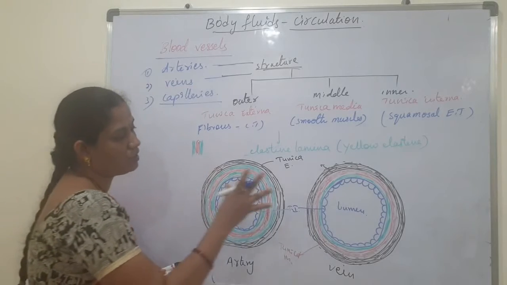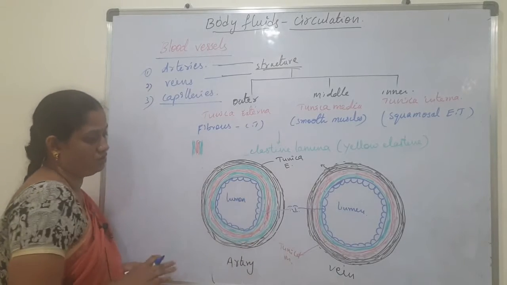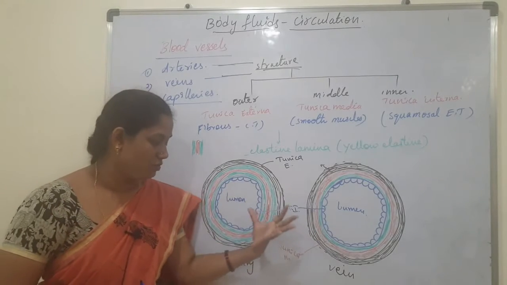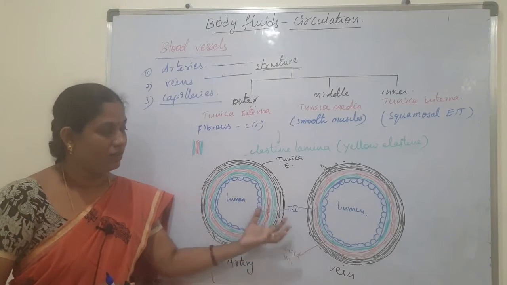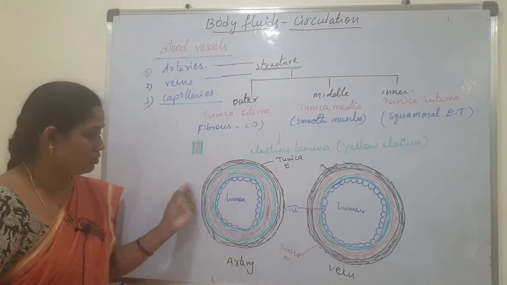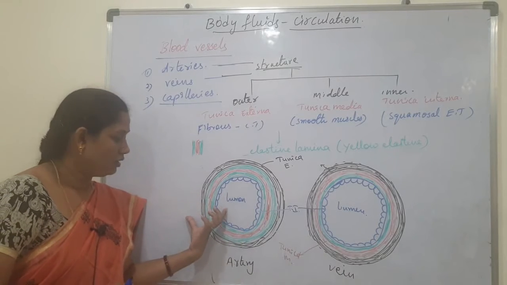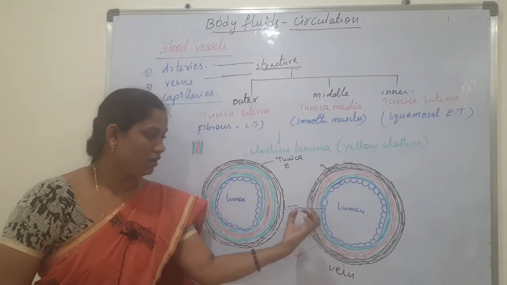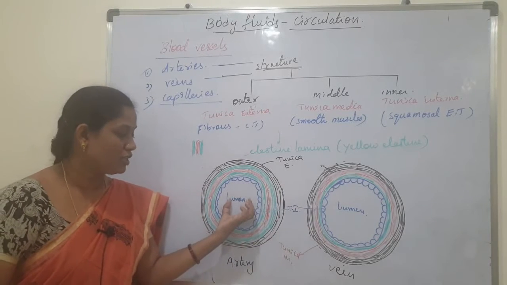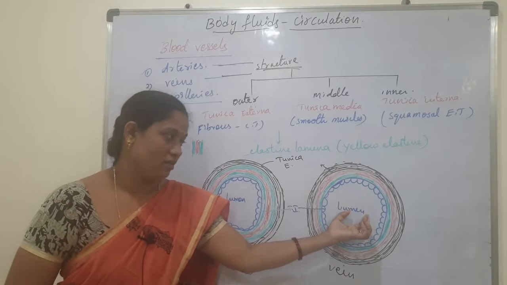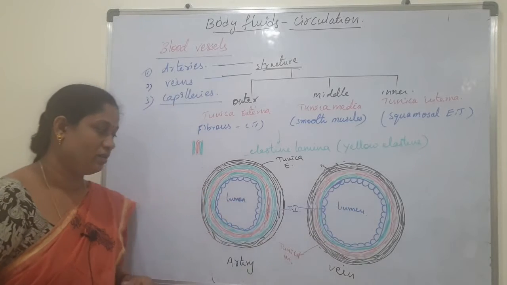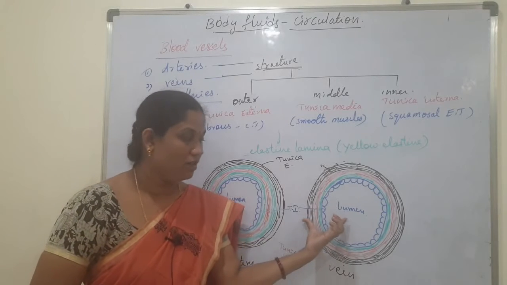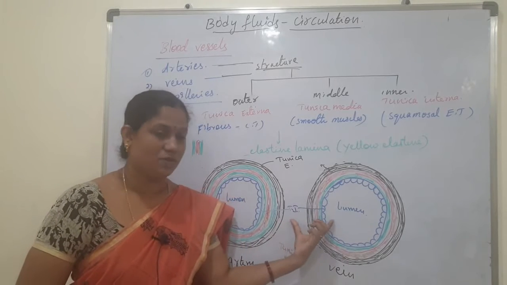So these are the small differences between arteries and veins regarding structure. The wall of an artery is slightly thicker than that of a vein. Here the lumen is smaller, here the lumen is larger. Two elastin laminas are present here, only one elastin lamina here.